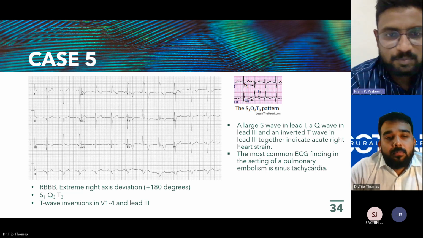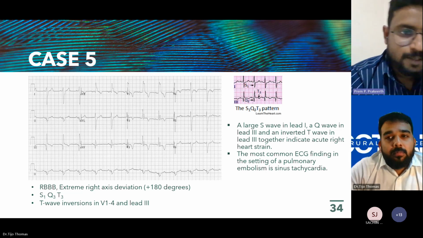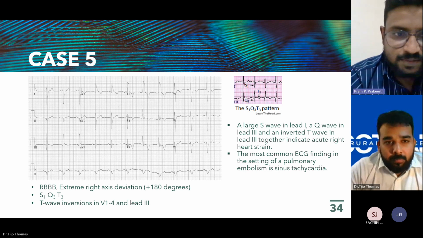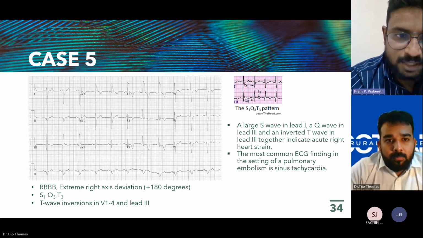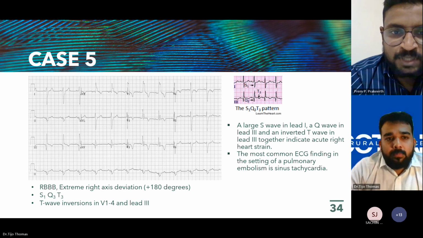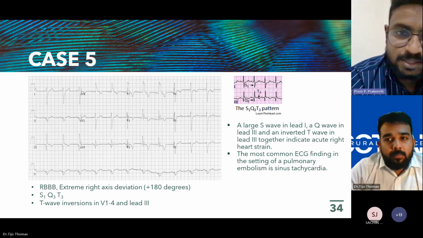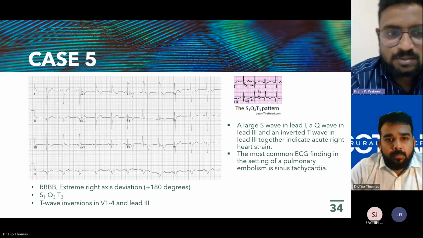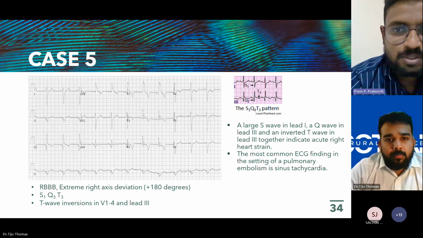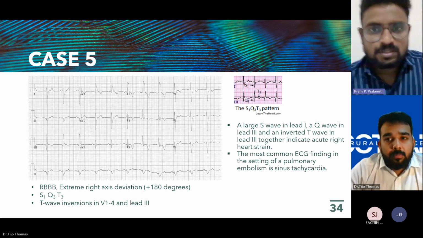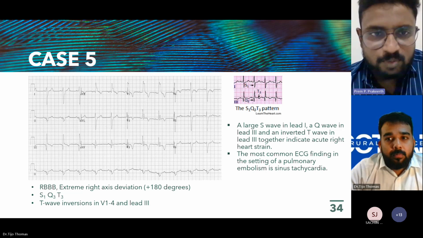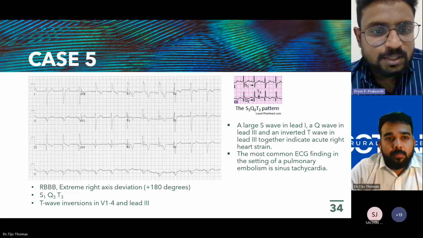You can have RBBB, then a left axis deviation. All those things you can have, but S1Q3T3 you can just look for, and sinus tachycardia. That's the most common thing. So S1Q3T3 is more specific for an acute cor pulmonale. So yeah, how do you treat?